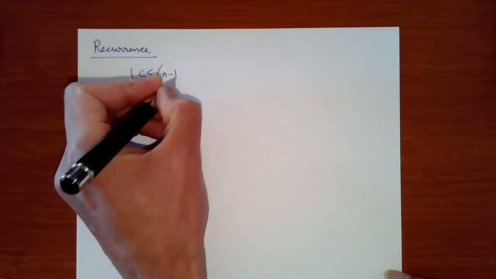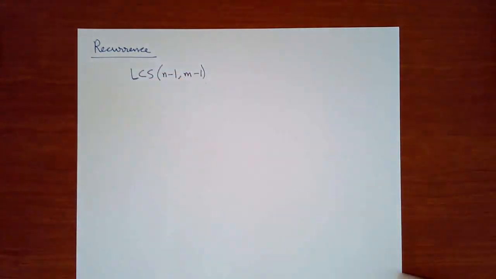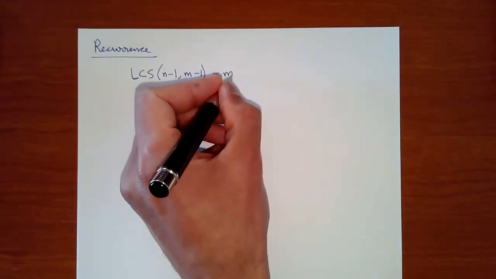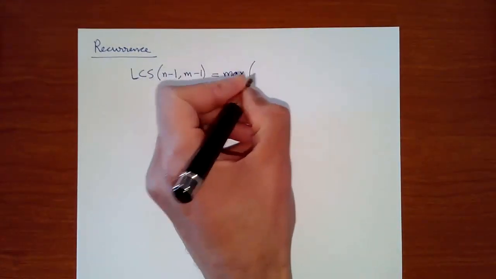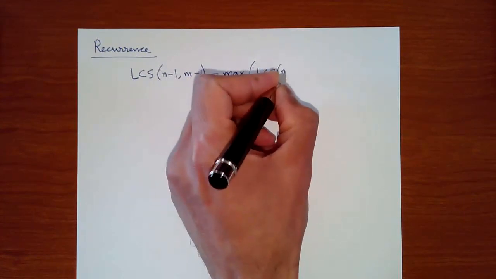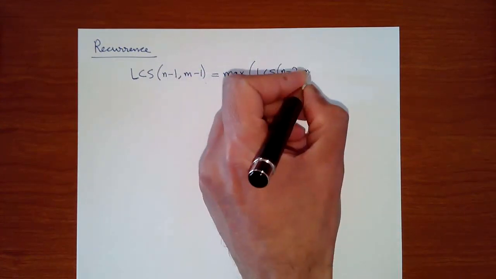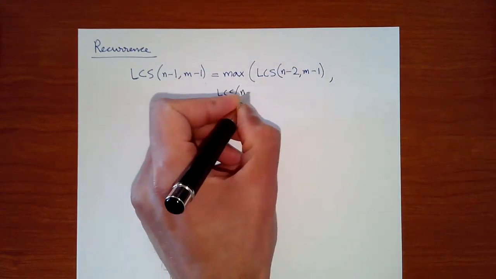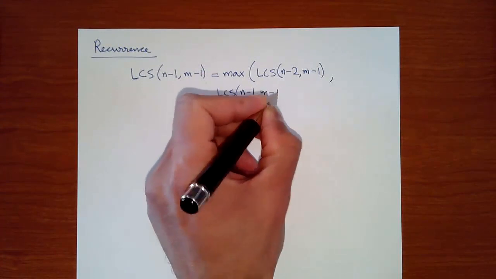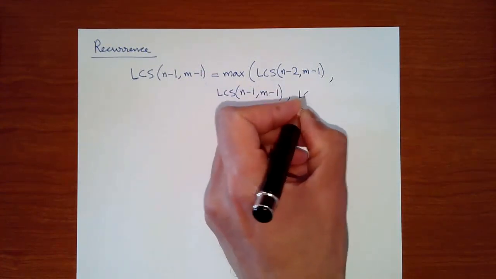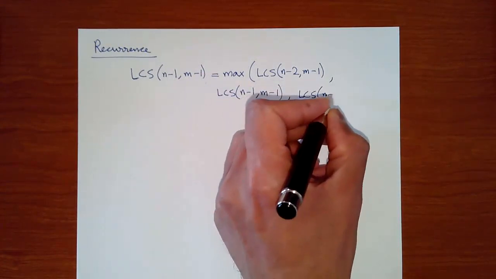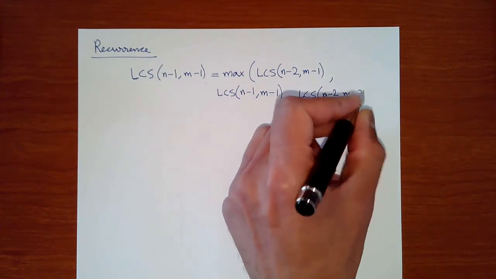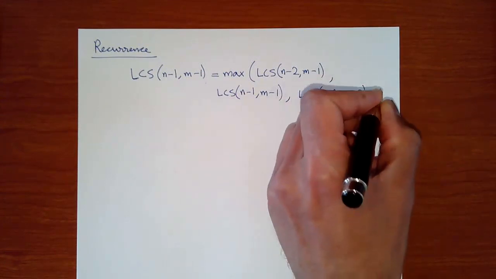So LCS of n minus 1 and m minus 1 is equal to the maximum of LCS of n minus 2, m minus 1, LCS of n minus 1, m minus 2, or the LCS of n minus 2, m minus 2 plus 1.